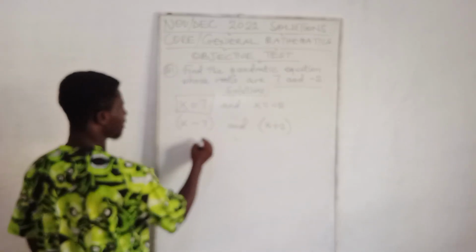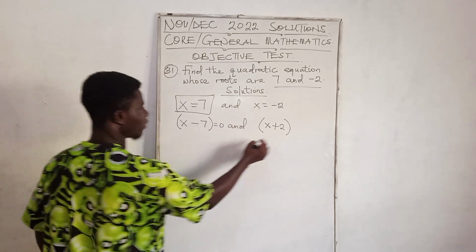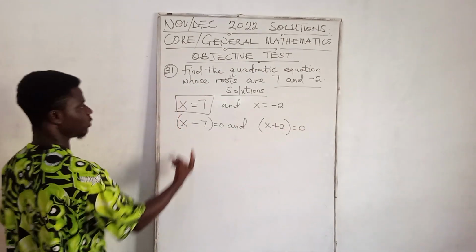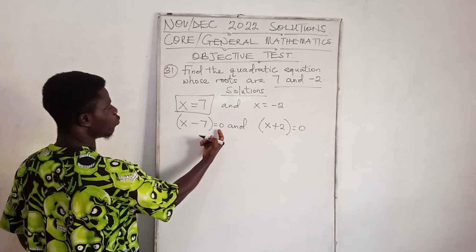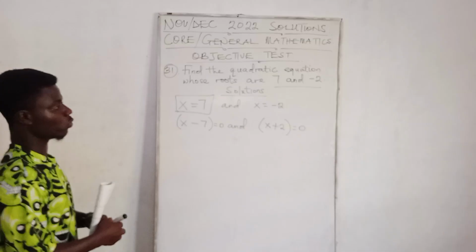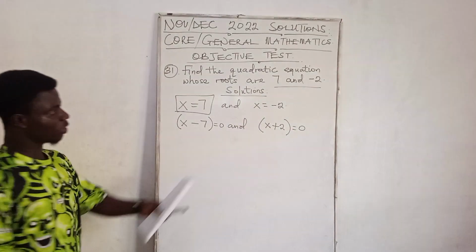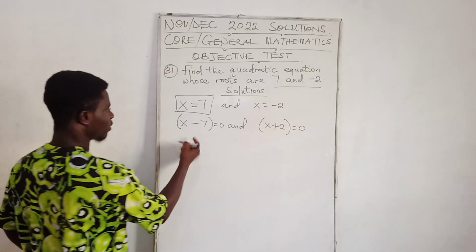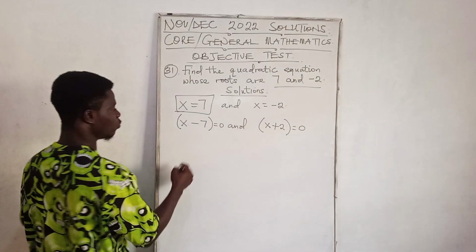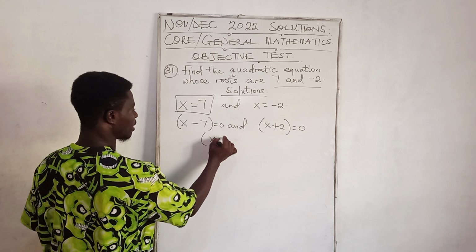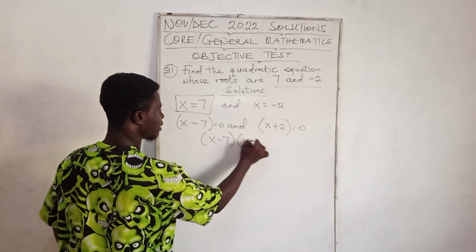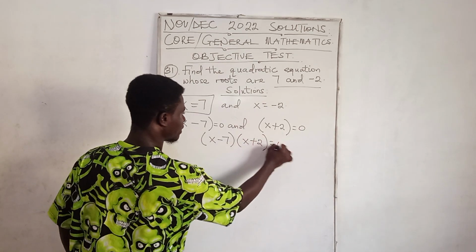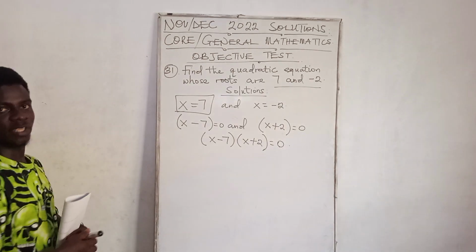Now, this x minus 7 must be equal to 0, then this one must be equal to 0. Since if you equate it to 0, you get x equals 7, and then x equals negative 2. Now, I multiply these two expressions, x minus 7 then x plus 2, and I equate that to 0.